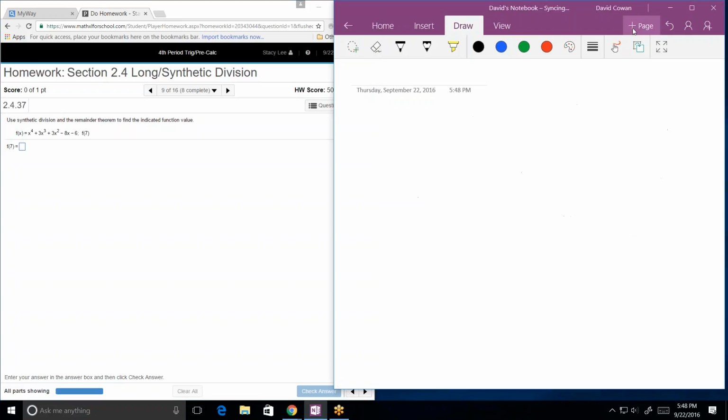Okay, the next problem is very similar, except the polynomial is, you ready? Yes. x to the 4th, and they want us to use synthetic division also, plus 3x cubed plus 3x squared minus 8x minus 6.